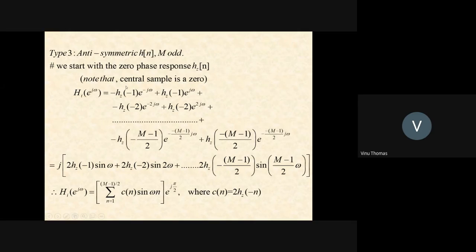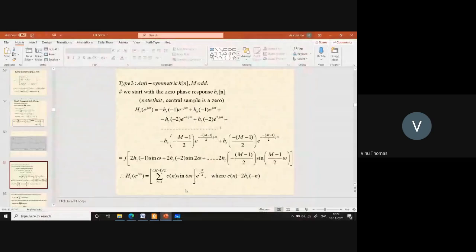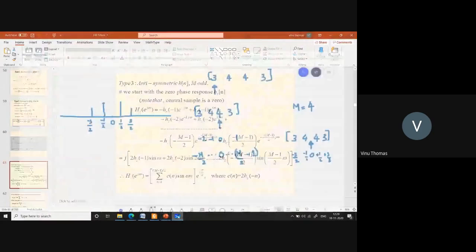Now we will start by making this anti-symmetric with respect to the origin, because the length of the filter is odd. We have to think of an anti-symmetric filter where the length of the filter is odd and the point of anti-symmetry is at the origin.